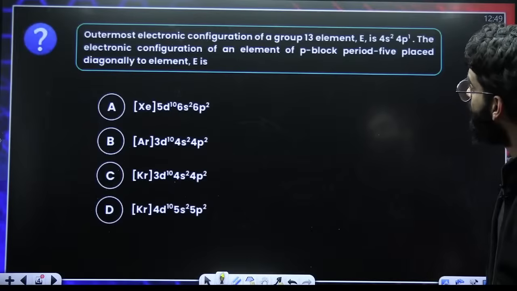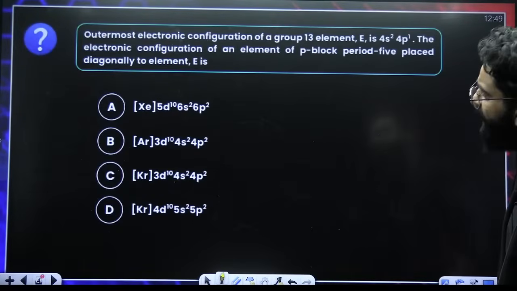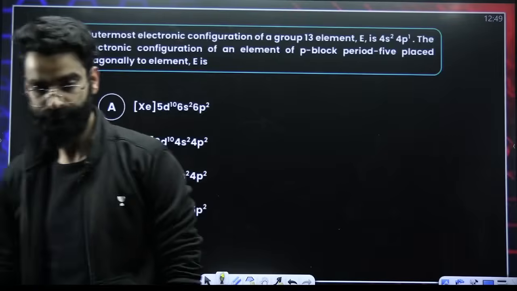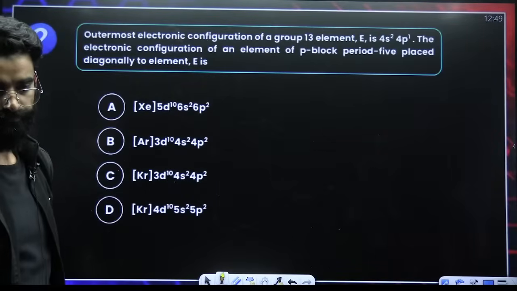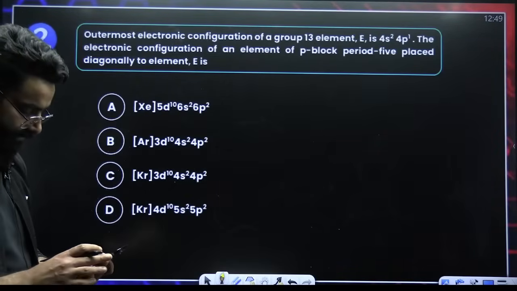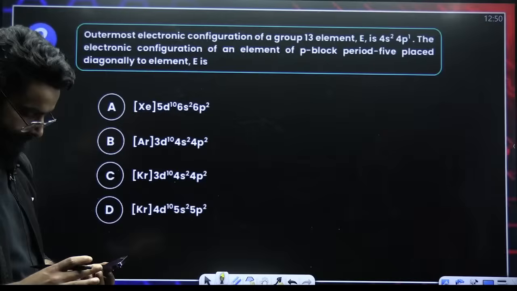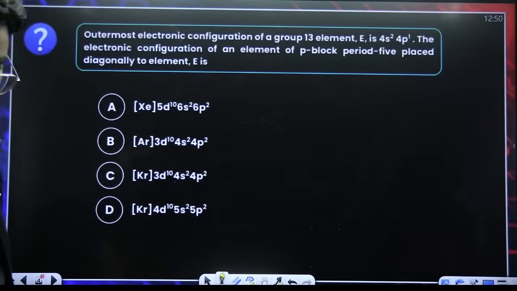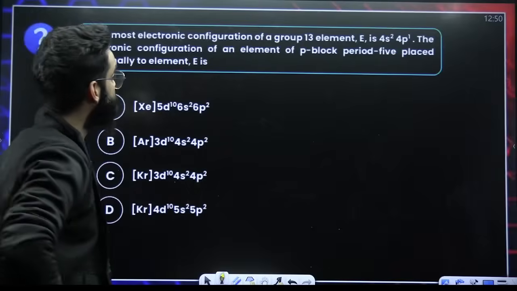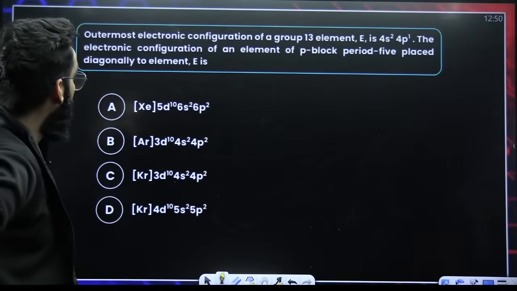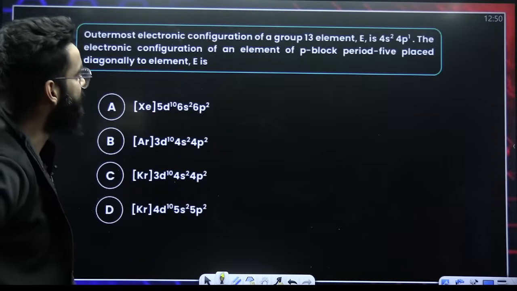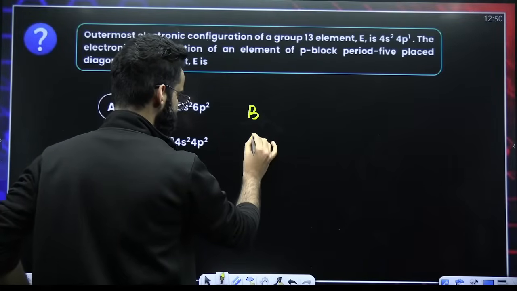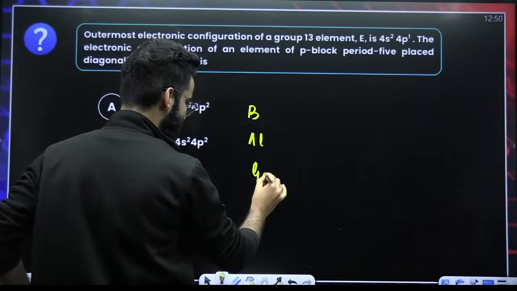Group 13. The electronic configuration of the element of the p block, period 5, placed diagonally to the element E is. What do you think about this one, guys? Quickly. Outermost electronic configuration of group 13 element. Group 13 means boron, aluminium, gallium.